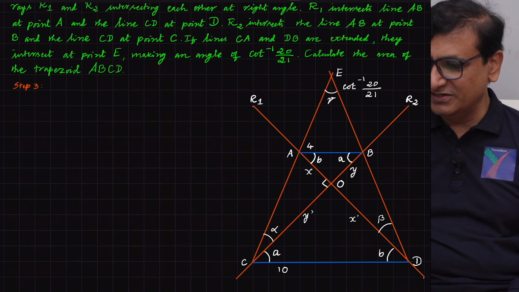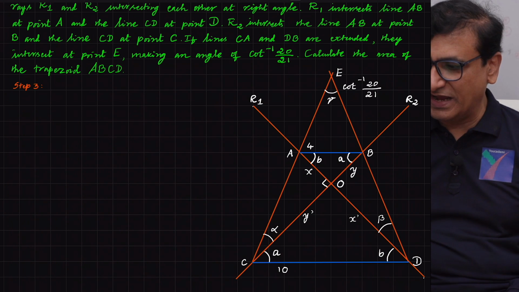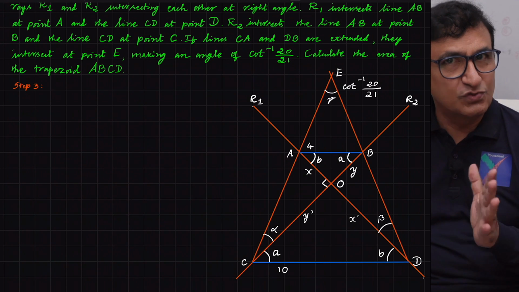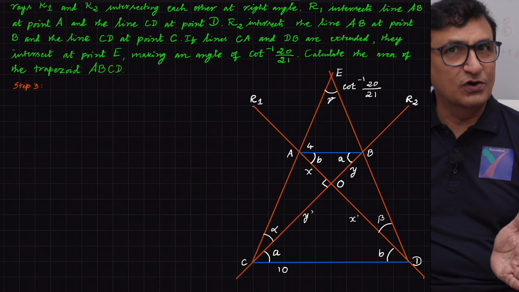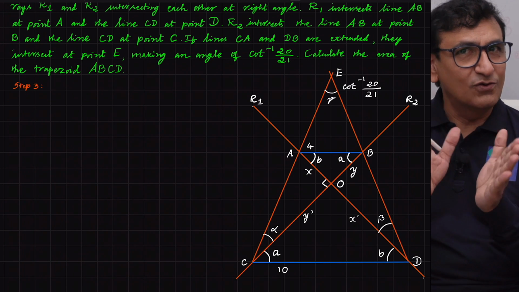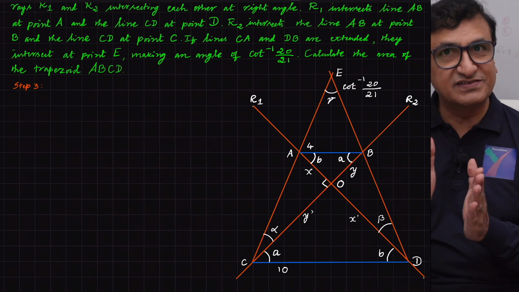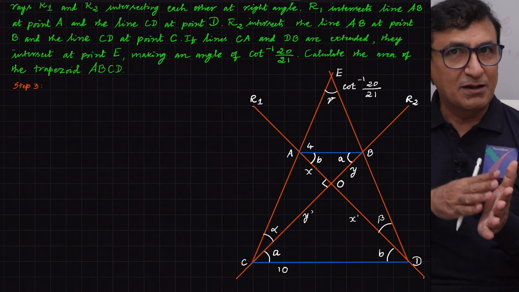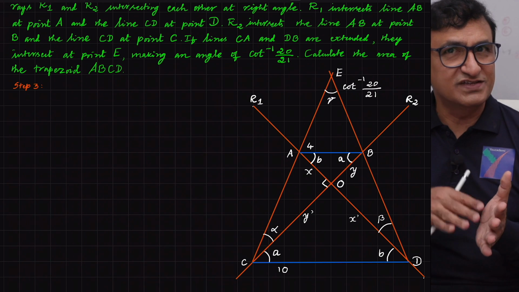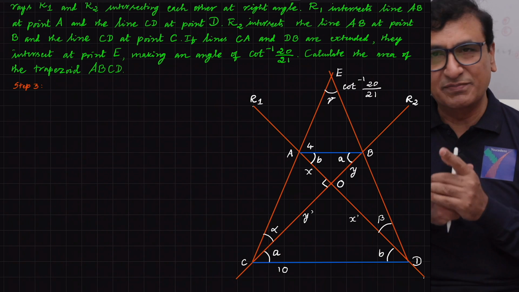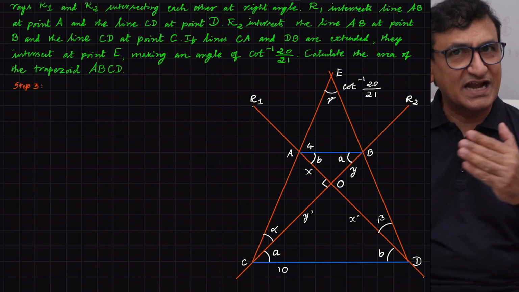The other way is to add up the areas of the triangles ABC and BCD. Okay, so these two are one and the same. We are going to follow the second method, that is, we are going to calculate the areas of the triangles ABC and BCD and add them up.